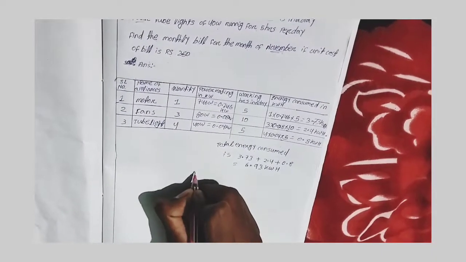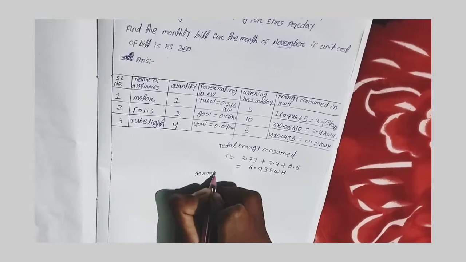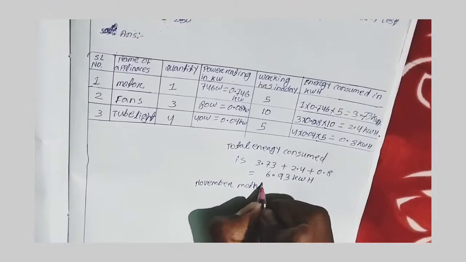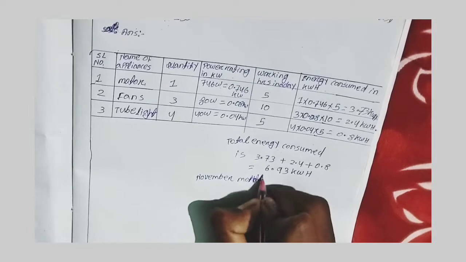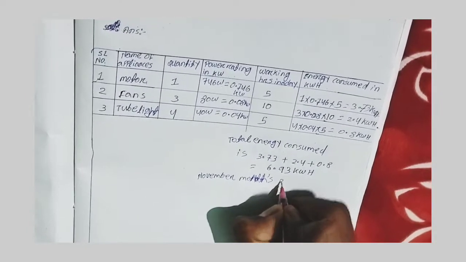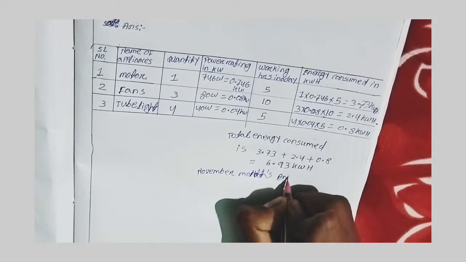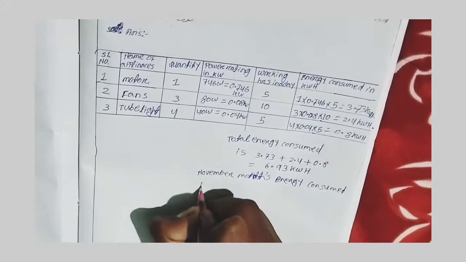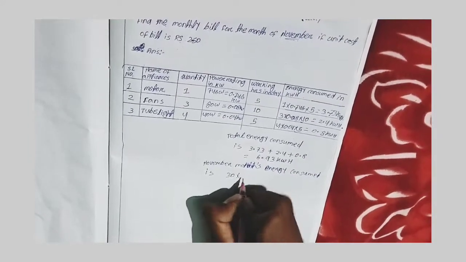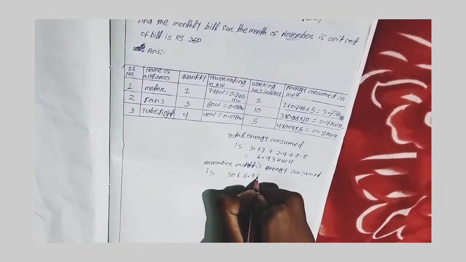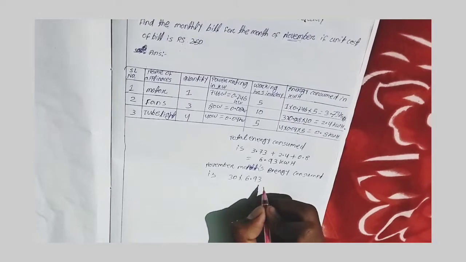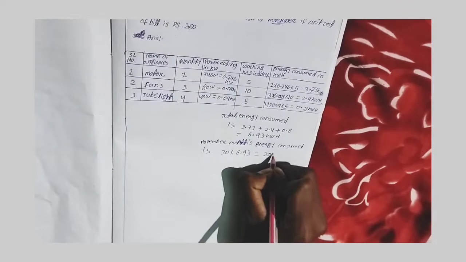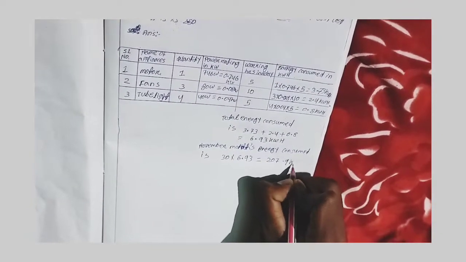So November month's energy consumed is 30 into 6.93 kilowatt hour, is equals to 207.9 kilowatt hour.